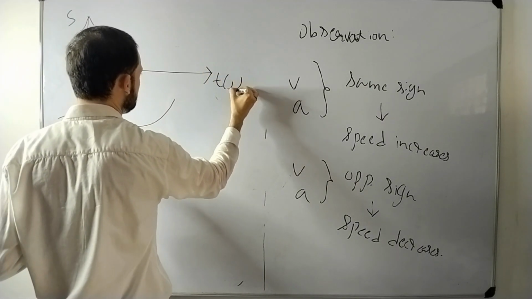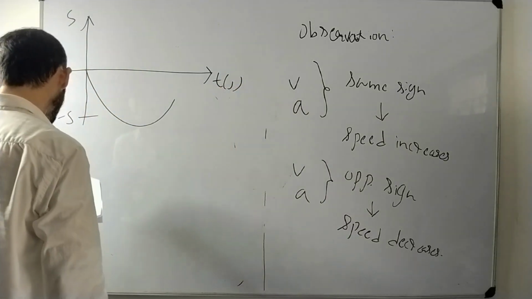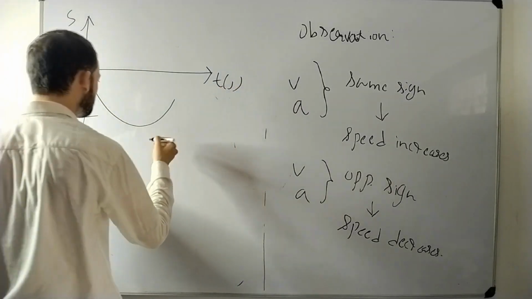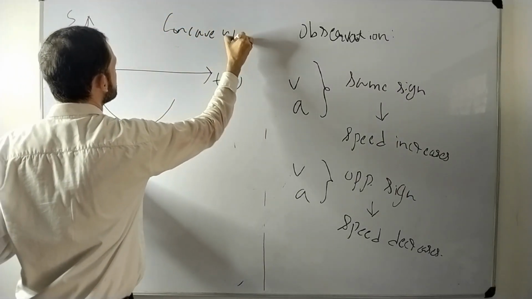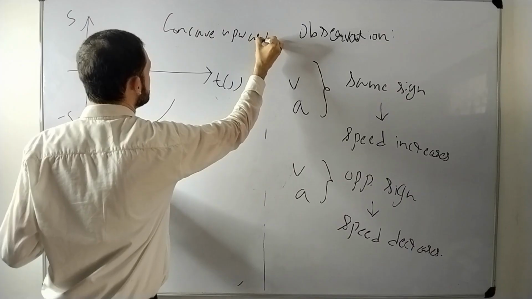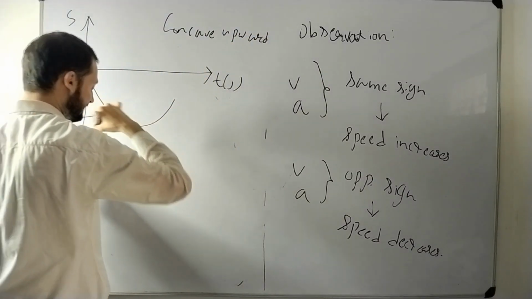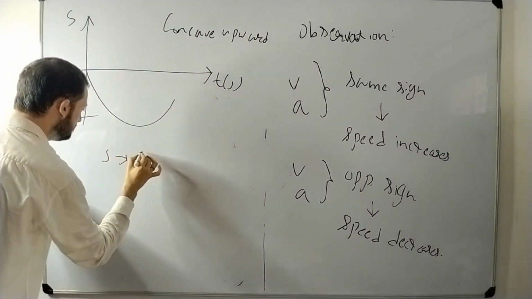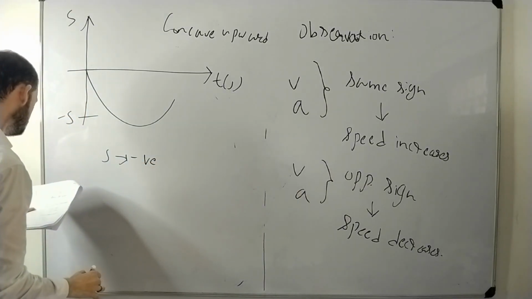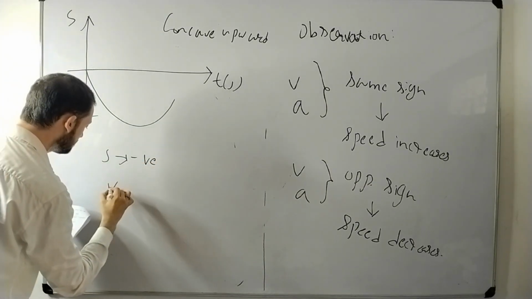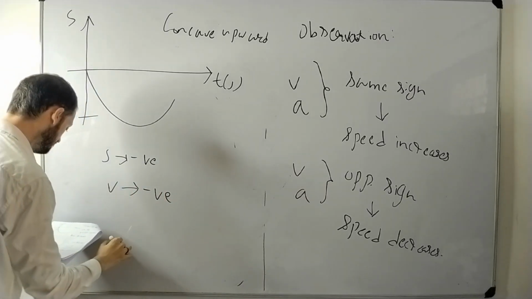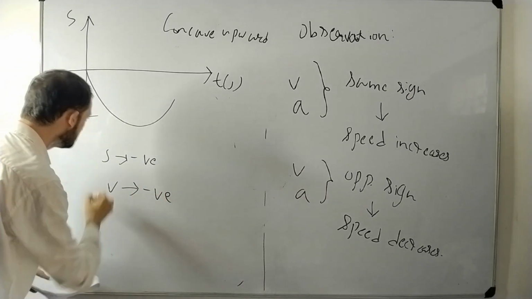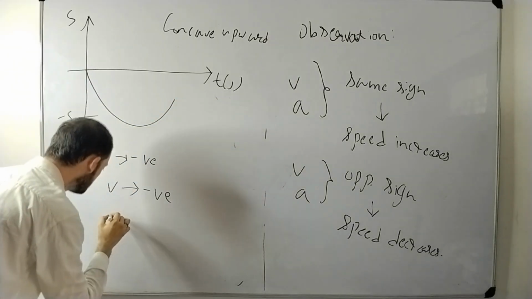Time in seconds. So what should I write? Concave upward. Again the concave is upward. But this time the displacement is negative. So the displacement happens to be a negative value. Even velocity happens to be negative. It's a general case I am discussing, students. Don't take the values; with the values here it comes out to be this and this.